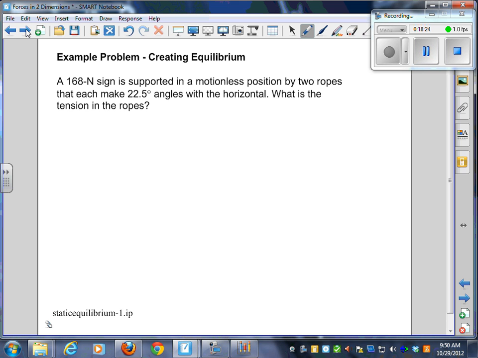So I have a 168 Newton sign. In other words, my weight force is 168. It's supported in a motionless position by two ropes, each making 22.5 degree angles with the horizontal. What is the tension in the ropes? So I've got ropes like this and like this, and my angle here is 22.5.